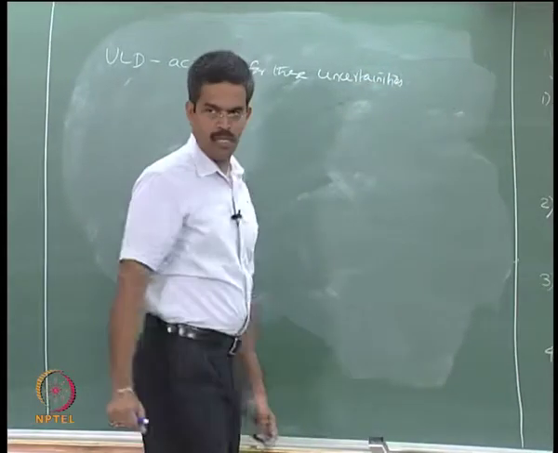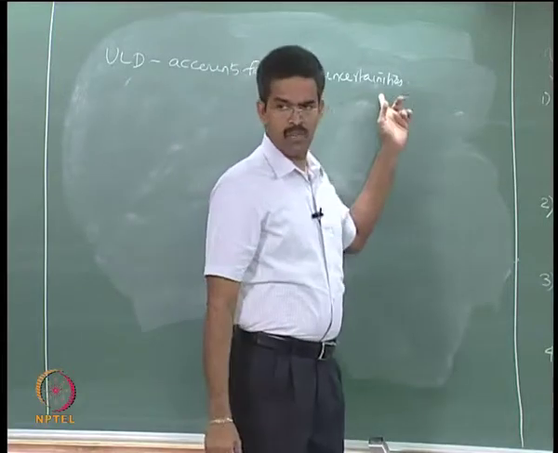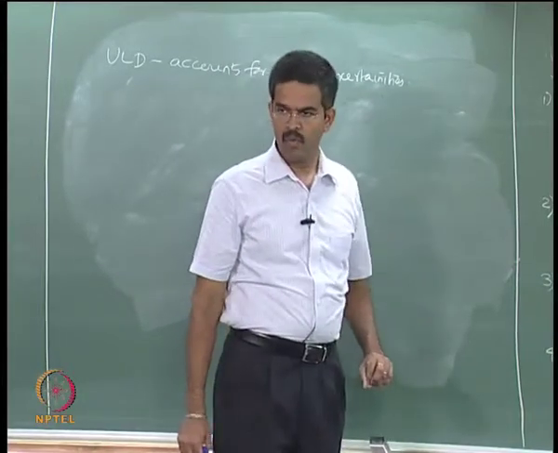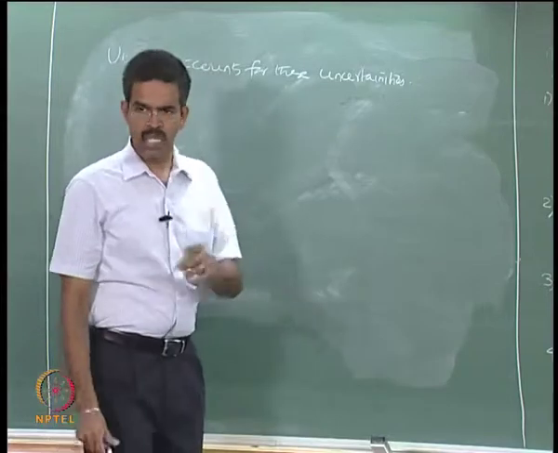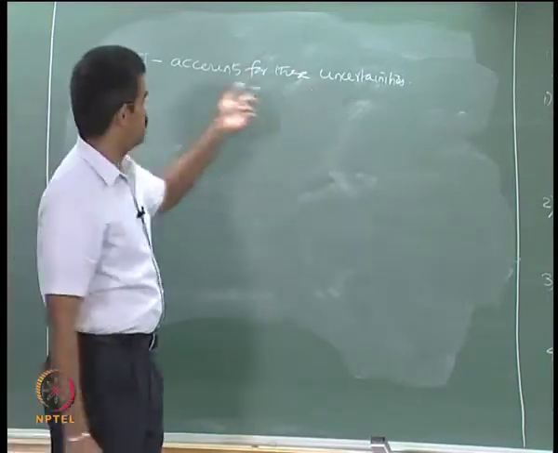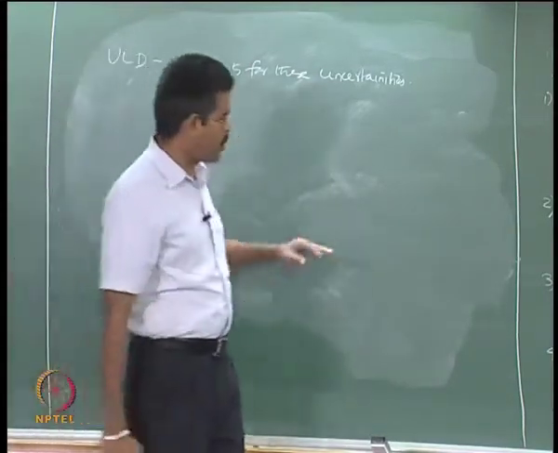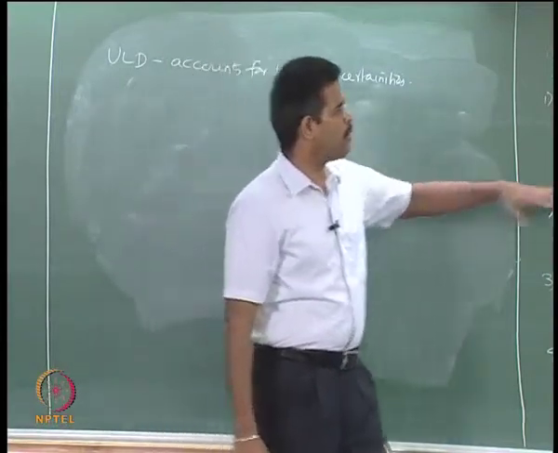Remember very importantly, the statement is not reversible. What does it mean? Since I am accounting for the uncertainties in this design process, can I allow poor workmanship? Can I allow improper fabrication?